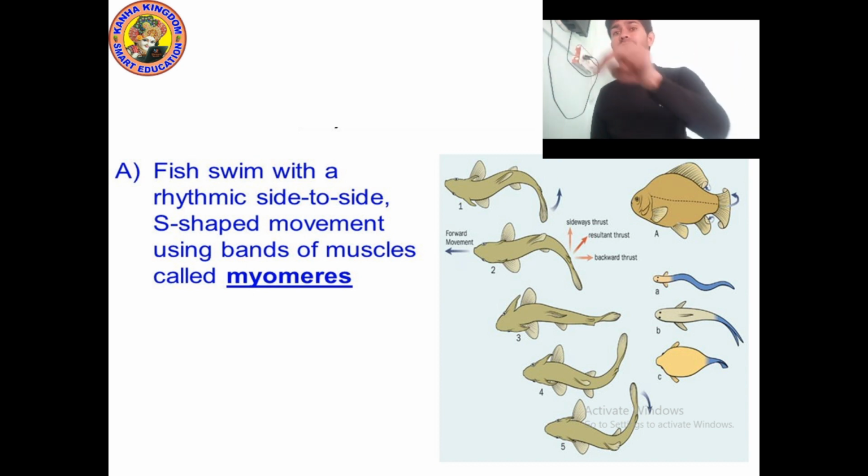Jumping and walking is known as hop. So frogs use their webbed feet, which help them to swim easily. And ducks also have webbed feet. Okay. In this way. Now let's talk about the snake.